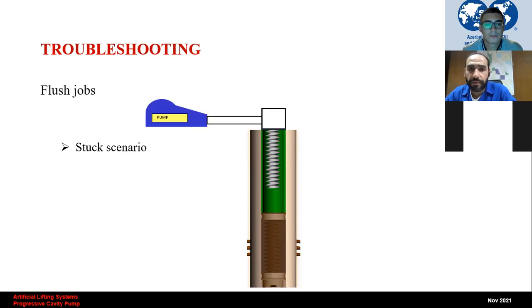With aging of the pump, if sand comes in very huge batches, the pump may get stuck. That means the rotor will be stuck inside the stator. And actually, if good monitoring is in place, you can catch this situation early before it becomes a big problem.